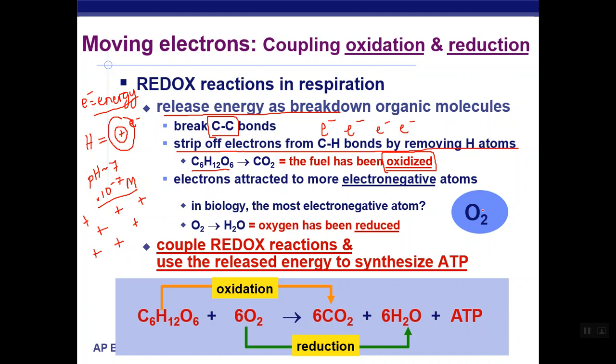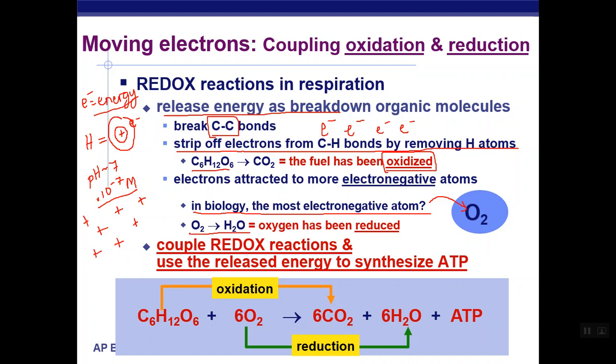So in living systems, the most prevalent and highly electronegative atom is oxygen. Oxygen is going to be the recipient of all these electrons in this game of hot potato, or hot electron, right? So we are going to reduce oxygen. Oxygen is going to gain the electrons.